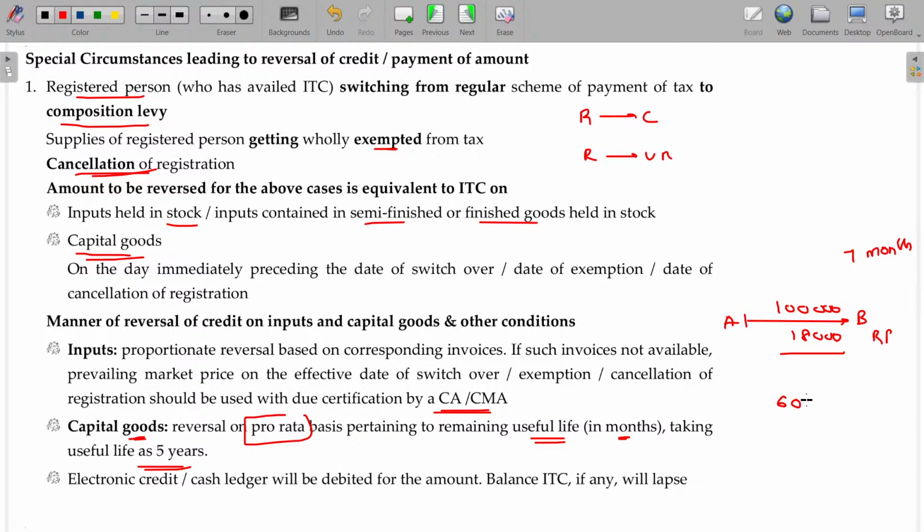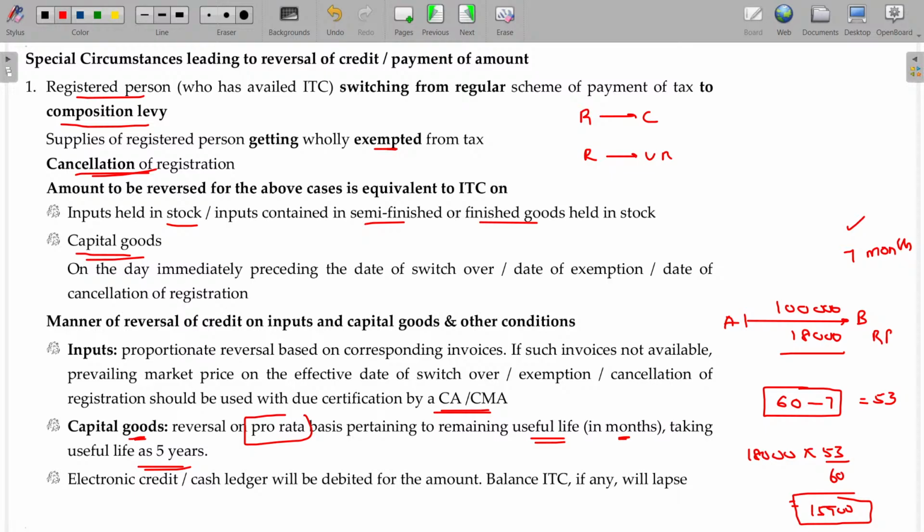You have to consider the life of the asset being 60 months. 7 months used, still you have 53 months. So out of 18,000 rupees, for the 53 months you have to refund. You are eligible for claiming only 7 months. 18,000 into 53 by 60, how much is it? 15,900 you have to refund.